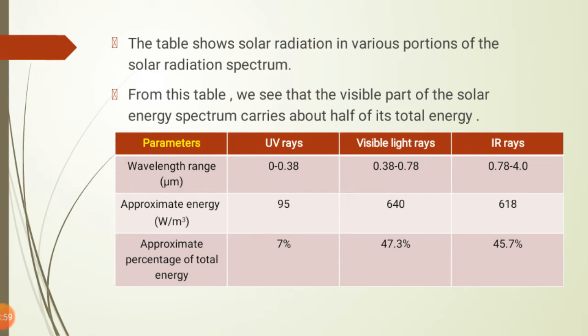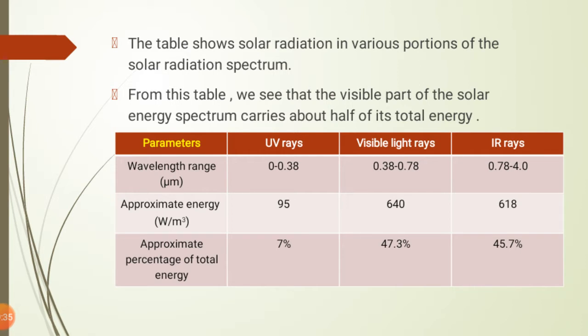There is a maximum between violet to red color, that is the visible region, and for that nearly 47.3% energy, that is the percentage of total energy for the visible light rays, which is half of the total energy of the solar spectra. The visible light rays are the maximum radiation present in the solar spectra.